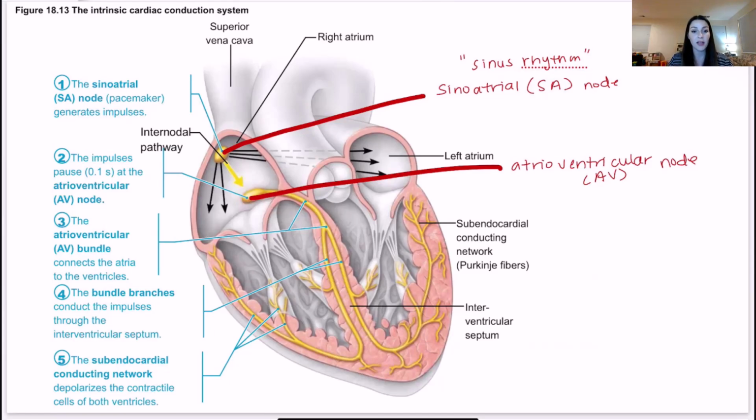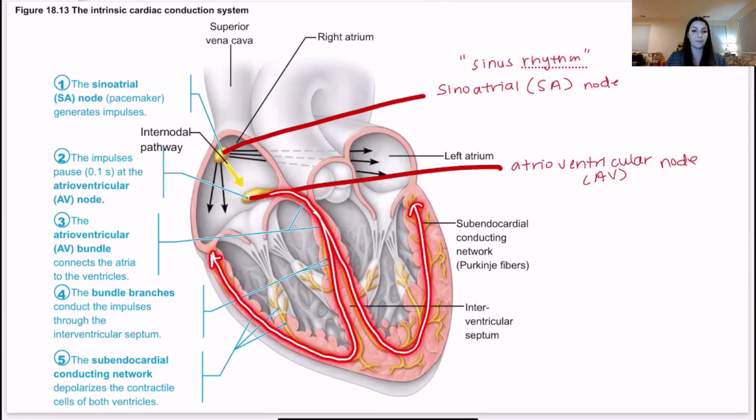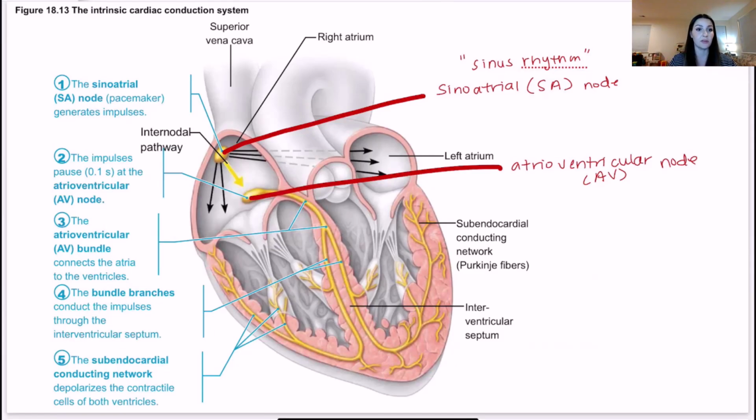All of the yellow things that we see here are how that impulse is carried throughout the heart. So the AV node carries that impulse down the middle of the heart and out the other way. So how that whole conduction happens is the intrinsic cardiac conduction system. So basically the power lines inside of the heart and how it works.